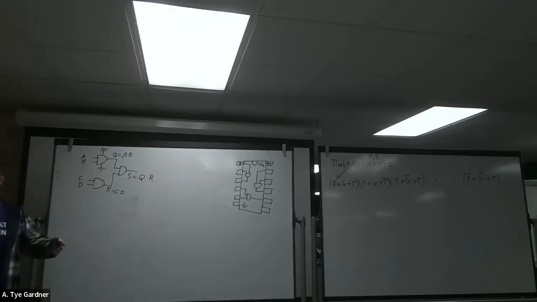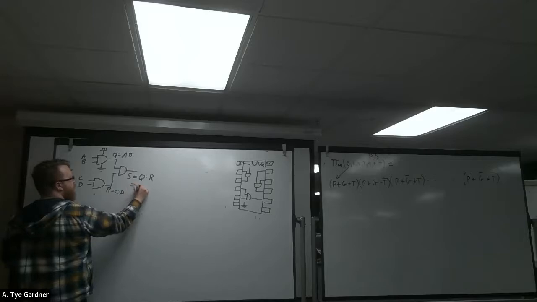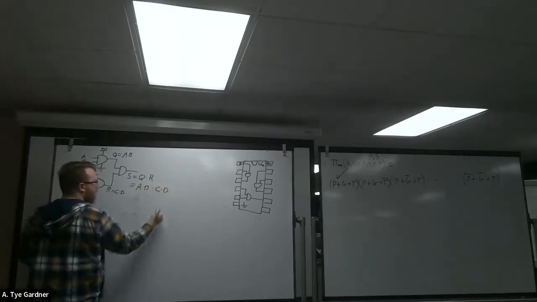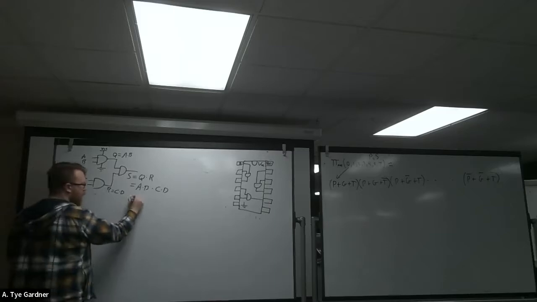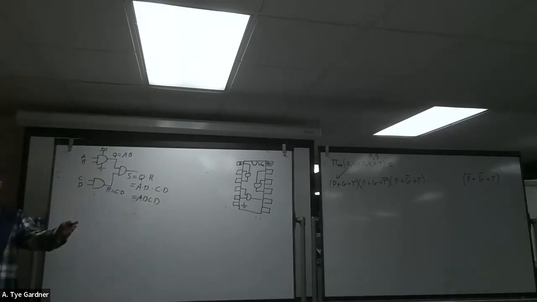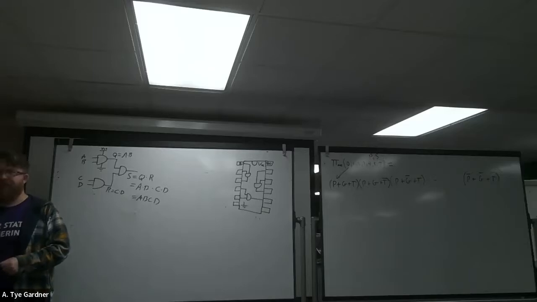And I can do that substitution that we've been working on. So that is now equal to A and B and C and D. Ta-da! I have built a 4 input AND gate.